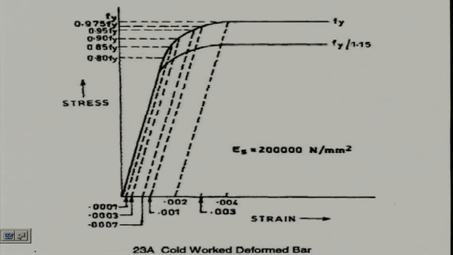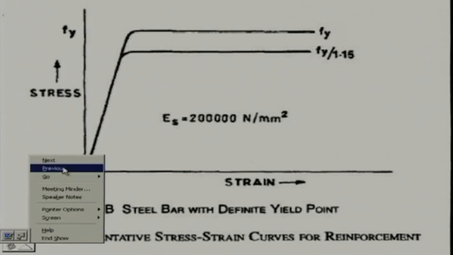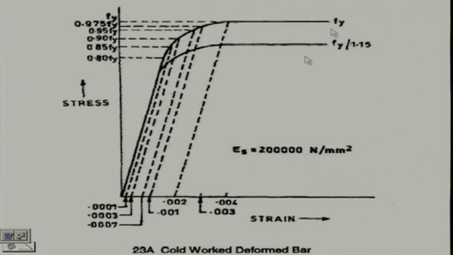We should always remember 0.87 fy, and the corresponding strain we shall get from this curve. For the strain computed, we shall get the corresponding stress, and that we shall use to calculate our force. Okay.